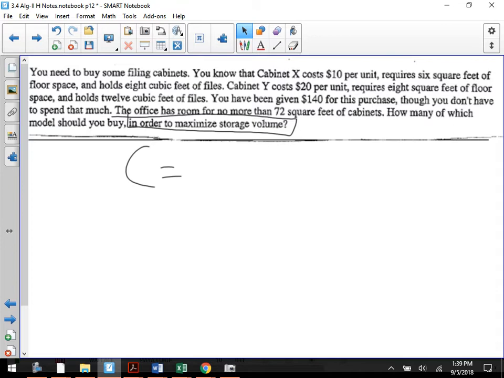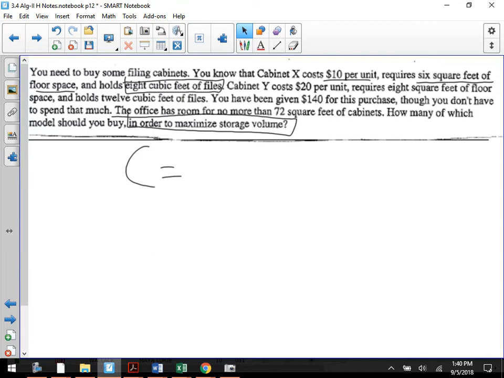In the problem, you read through, you look for cabinet X costs $10, 6 square feet of floor space, holds 8 cubic feet of files. Isn't that volume, cubic feet? So for every cabinet X, how many cubic feet does it hold? If I bought 3 of them, how many would I have? What did you do between those two numbers?